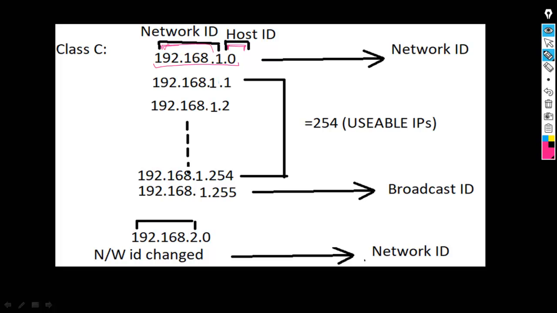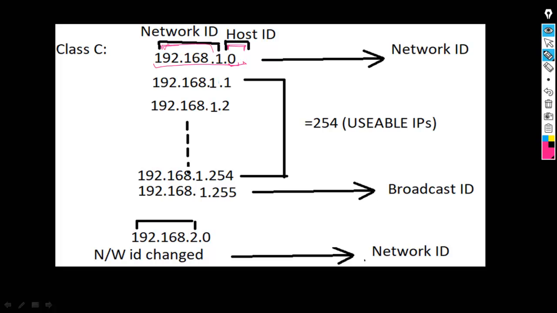So we cannot assign this IP address to a machine because this will be our network ID. Our next IP will be 192.168.1.1, and the next IP which we will assign to our machine will be 192.168.1.2.